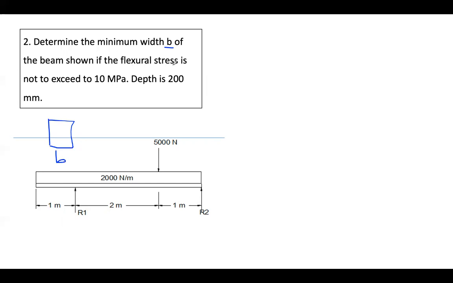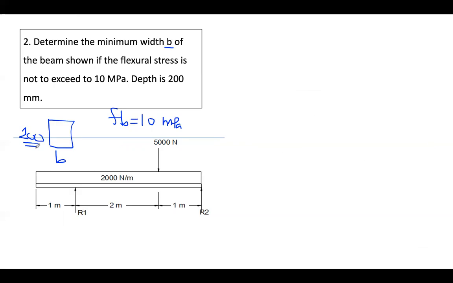And the flexural stress is not to exceed 10 megapascal. So, ang allowable FB is equal to 10 megapascal. Okay? Dapat hindi na doon tumaas. Depth, 200. Pang-finifix na sa 200. Depende siguro sa design, architectural design, hindi na dapat lumaki doon. Sa B ka na lang mag-adjust.